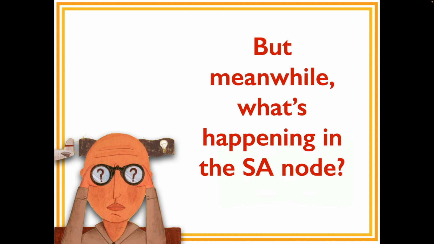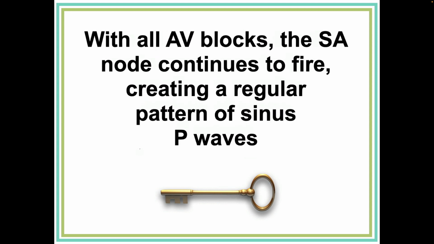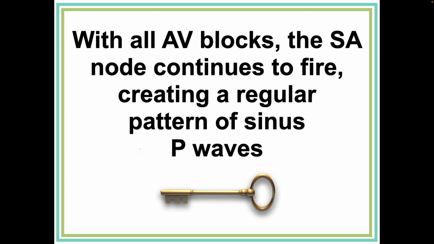So an AV block has no effect on what's happening in the SA node. And what I think of with all AV blocks, the SA node continues to fire, creating a regular pattern of sinus P waves. And in a way, I think of that as the key to understanding the AV blocks when you're looking at an ECG strip.